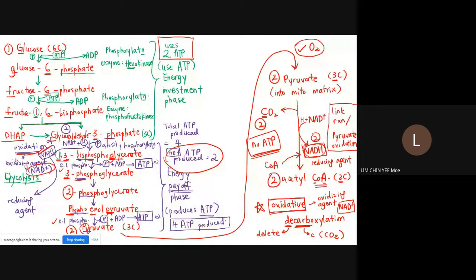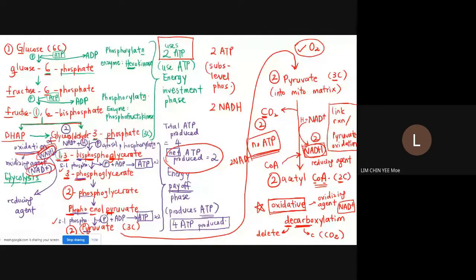So 2 net ATP. That explains why only 2 ATP are produced so far through substrate level phosphorylation during glycolysis. The link reaction has none. But here we have collected 2 ATP and 2 NADH, plus 2 NADH from the link reaction. Here there are also 2 NADH.